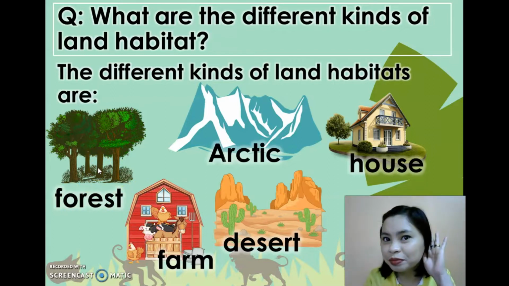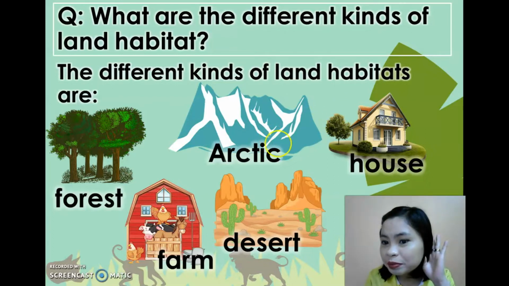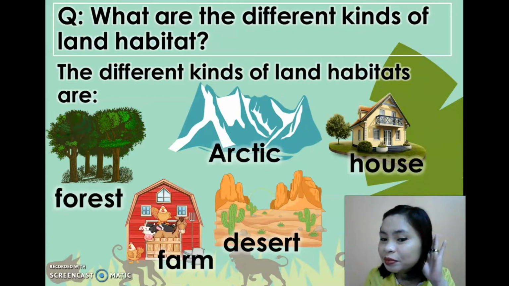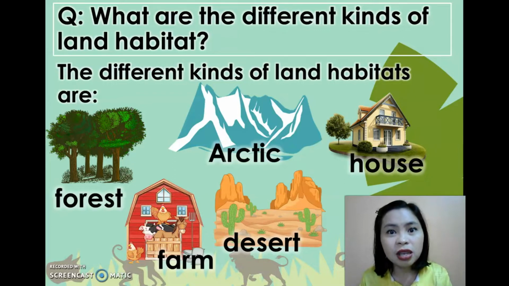Forest, Arctic, house, desert, farm. Good job. Okay, so we will study this land habitat one by one. And what are the living organisms, plants, and animals living in there or on there?